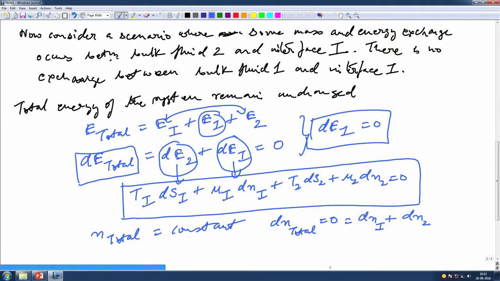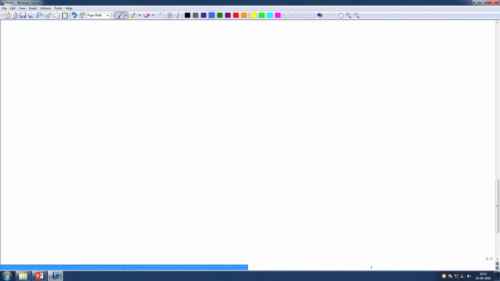Once again, the number of moles of N1 has been kept constant, because there has not been any mass or energy exchange. So, that is a simplified kind of a process. So, dNI is equal to minus dN2. It is a very similar kind of a statement like this energy equation. Okay. So, up to this point should be clear. So, now we look at the corresponding entropy balance.